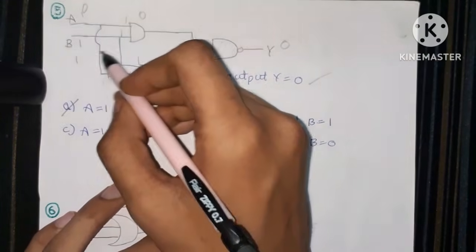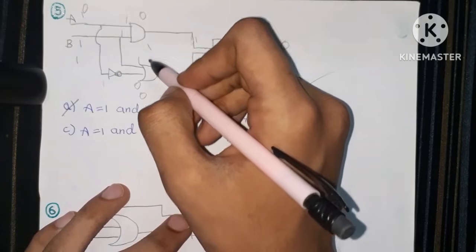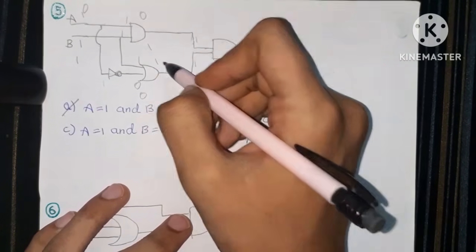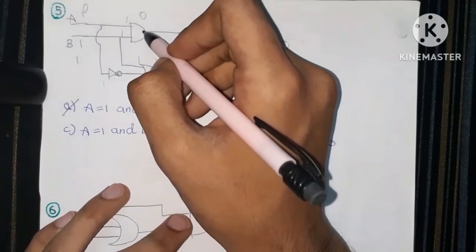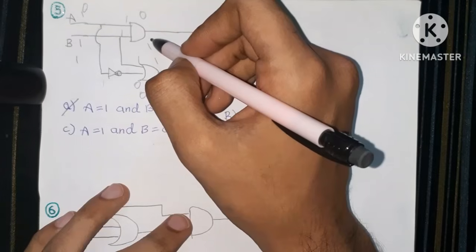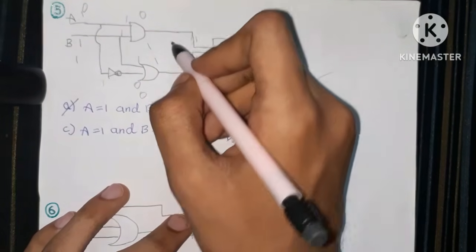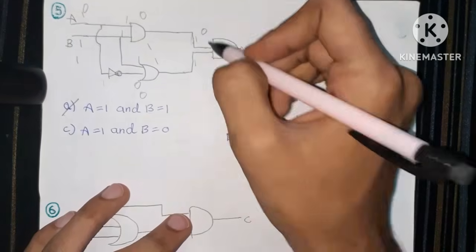Next, okay, 1 is coming like this. We are having 1 here, and 1 is coming like this, and we are having 1 here. If we are having 0 and 1 here, the AND gate will not allow, so the output will also come as 0 here.